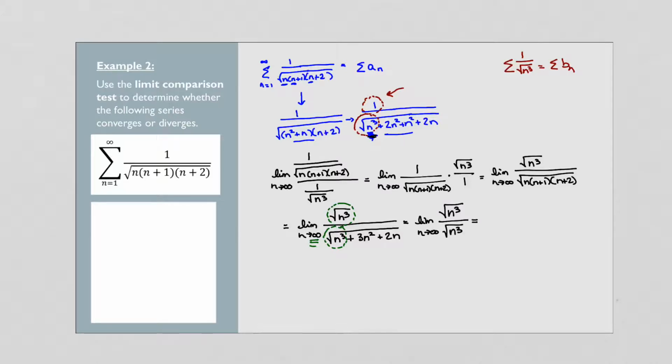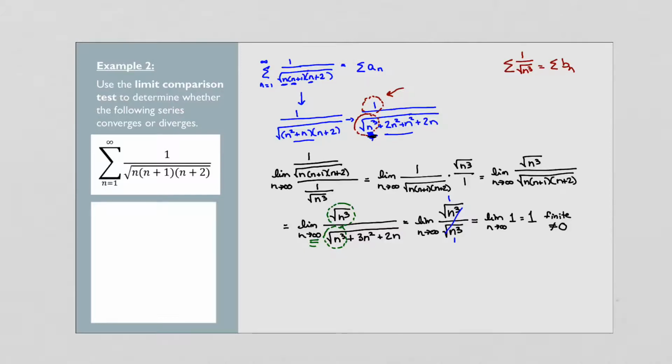And this is just the limit as n goes to infinity of 1, which is equal to 1. And 1 is a finite number, not equal to 0, so I'm in the first case of the limit comparison test.